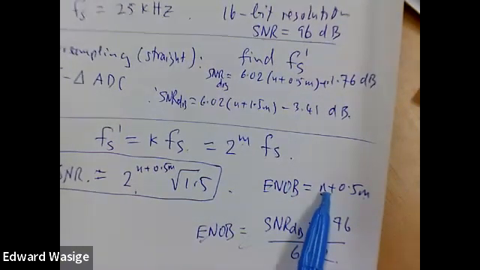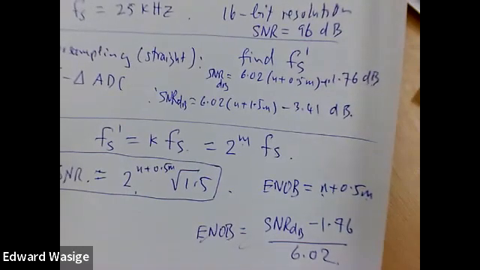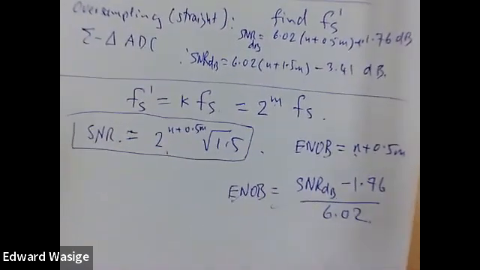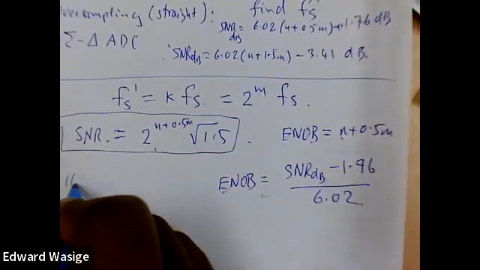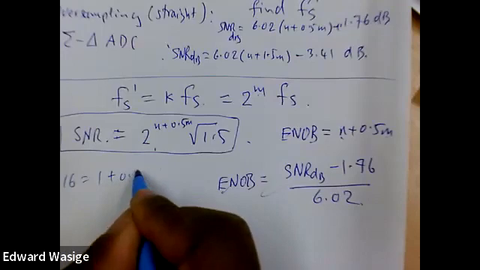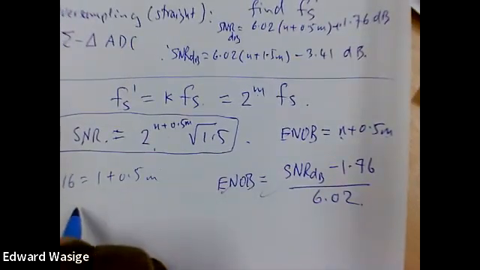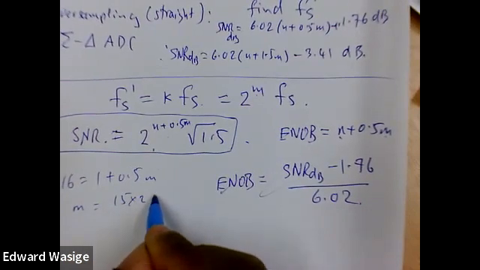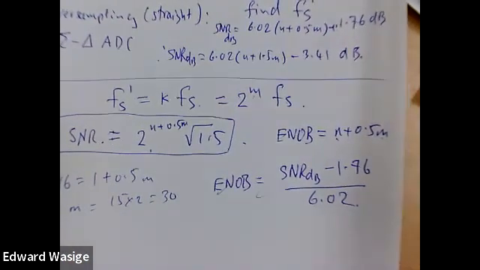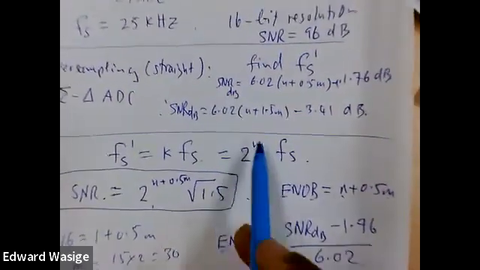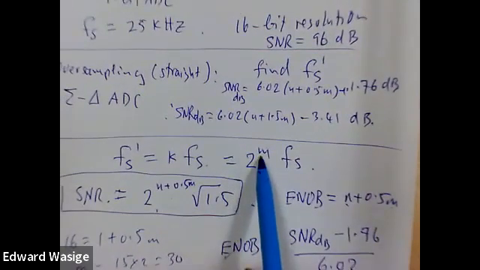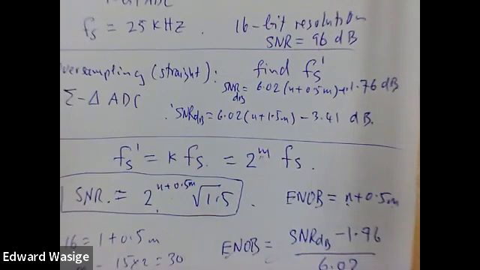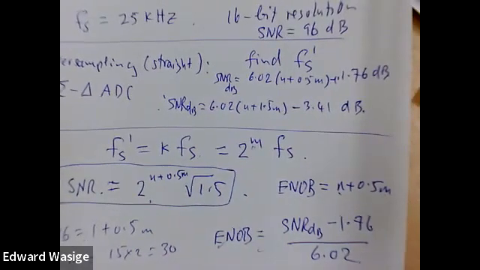N is equal to 1. So we have 16 is equal to 1 plus 0.5 m. So m will be equal to 15 times 2, which is equal to 30. And then you stick that number into this expression, multiply by 25 kilohertz, and you get a large frequency.